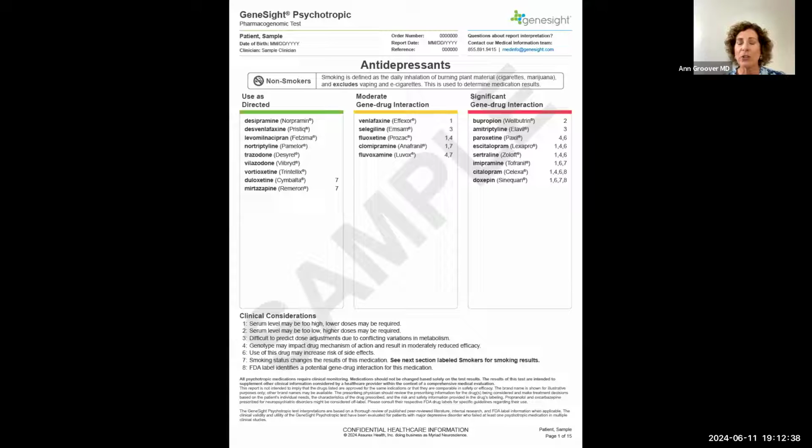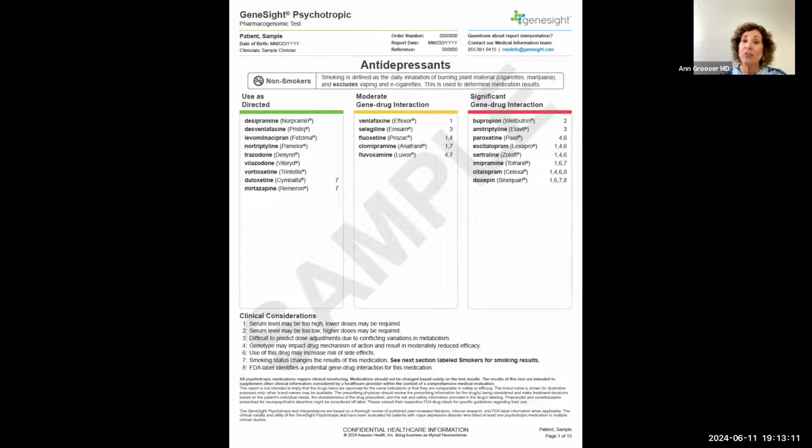So I think it's important to remember that being in the green means use as directed, and that we don't have any drug-gene interactions that direct us to use it differently. But it doesn't necessarily tell us that that medication is going to be tolerated by that patient or that it's going to be successful. Often I have to look at the yellow group of medicines and be informed by the clinical considerations and say, okay, this medication has a moderate drug-gene interaction, but I know what it is.